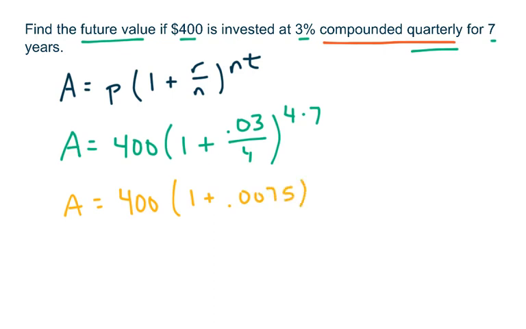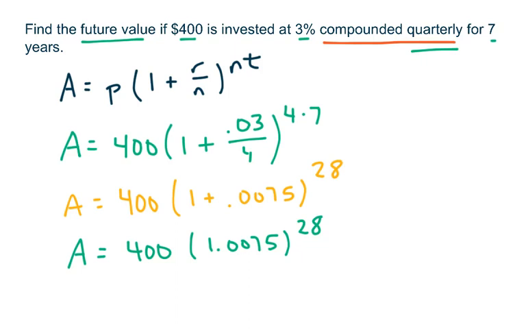And I can go ahead and clean up that multiplication in the exponent right now and have the 28th power. Next, I've got to finish simplifying inside those parentheses. So I'll go ahead and do that, and I'll have that A equals 400 times 1.0075 raised to the 28th power.